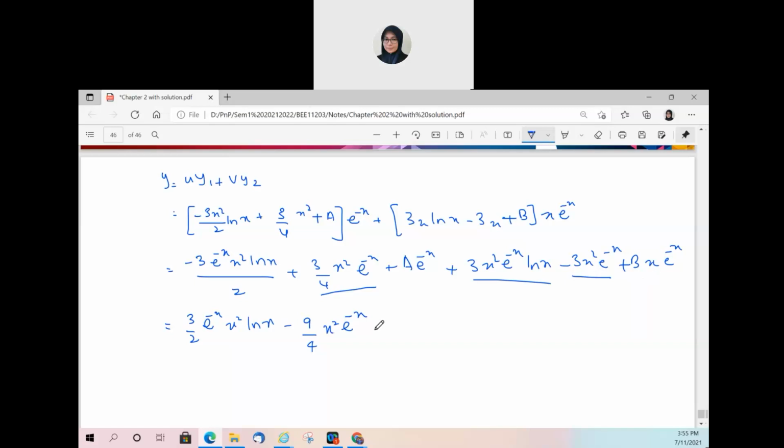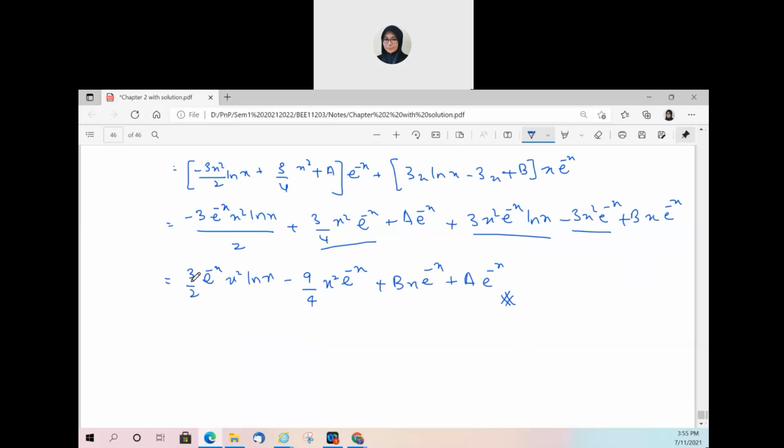And then you have here b plus bx e^(-x) plus a e^(-x). Okay, you can stop up to this one or you can simplify a little bit here.